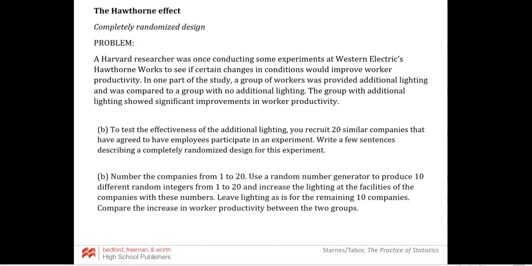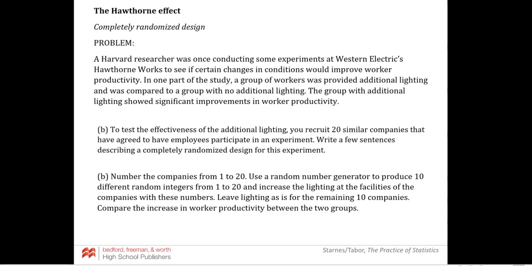So if you number the companies 1 to 20, use a random number generator like randInt on your calculator, or just use a computer or a table of numbers, and produce 10 different random integers from 1 to 20, and increase the lighting at those 10 companies, but leave lighting as it is for the other 10 companies.